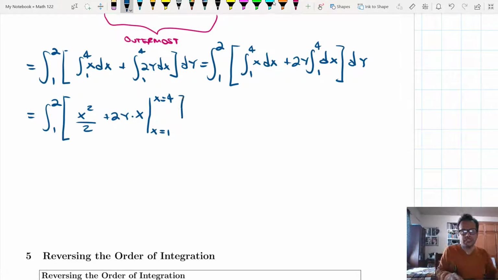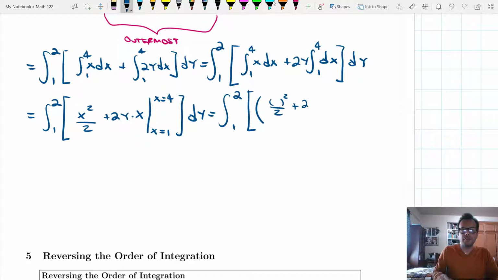Now, let's do the evaluation. So this will be the integral from 1 to 2, and this is going to be quantity squared over 2 plus 2 times y times quantity, and then minus quantity squared divided by 2 plus 2y times quantity.